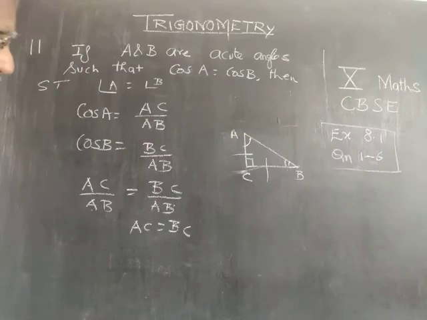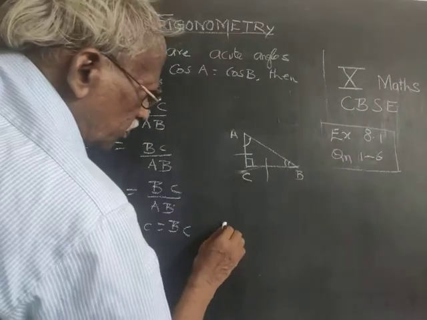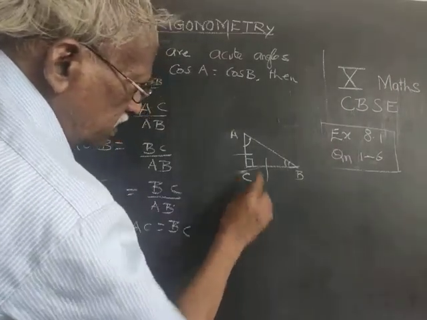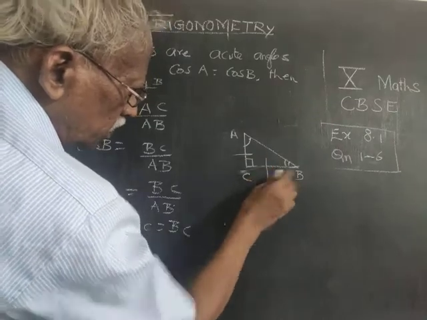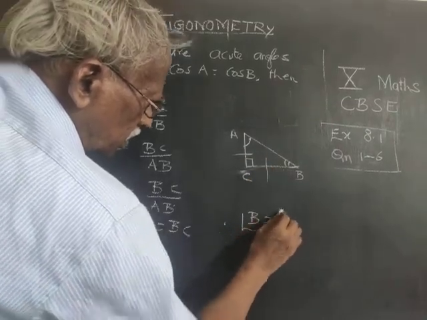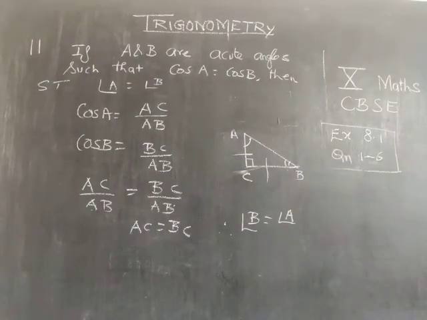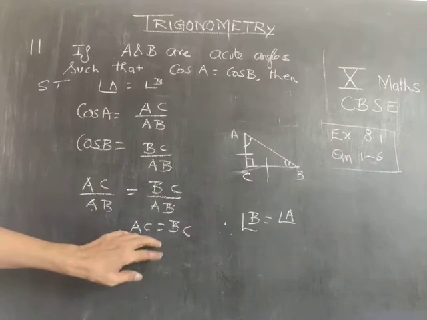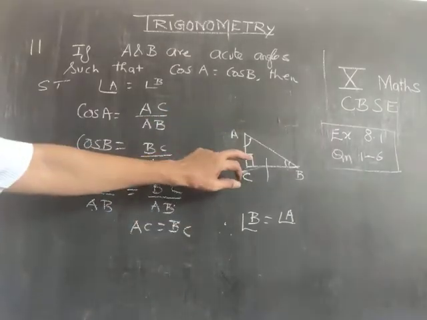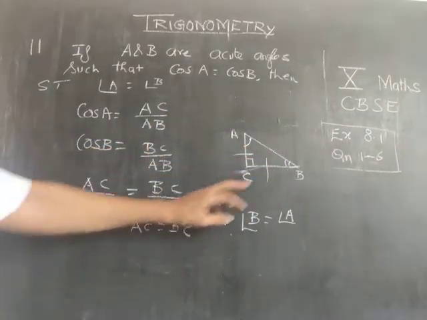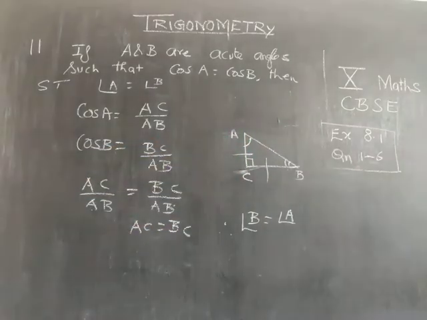The angles opposite to equal sides are equal. That is a property. Sides are equal, therefore the angles opposite to the sides are equal. For BC, the opposite angle is A, and for AC, the opposite angle is B. Therefore, we have proved that angle A equal to angle B.